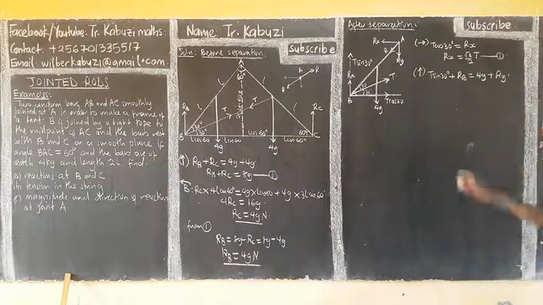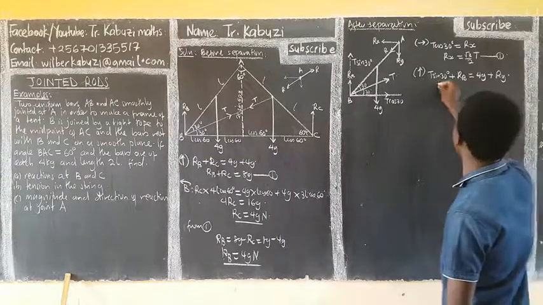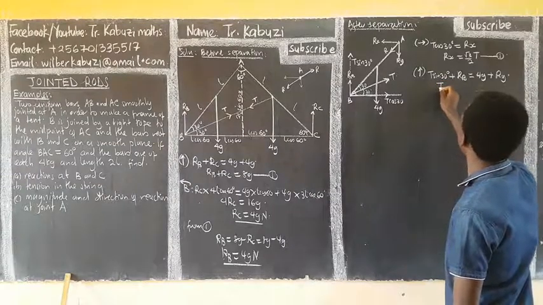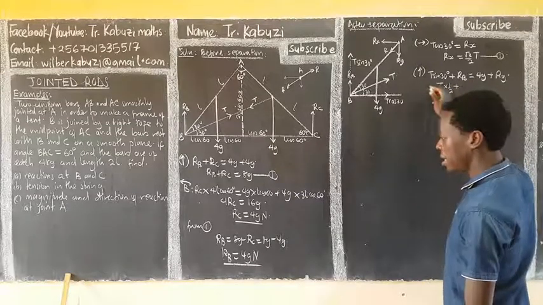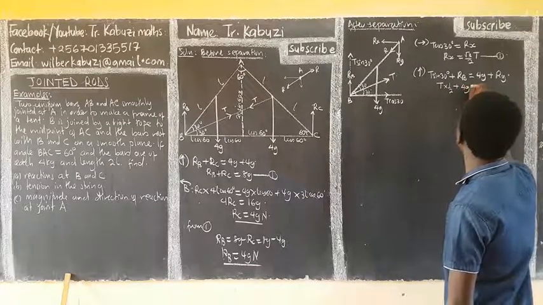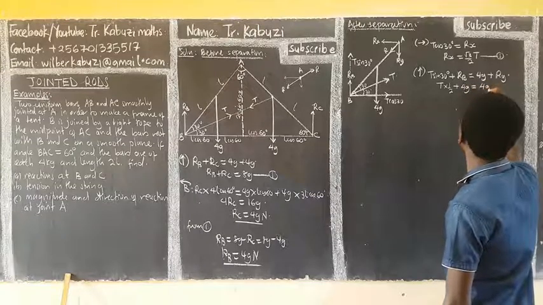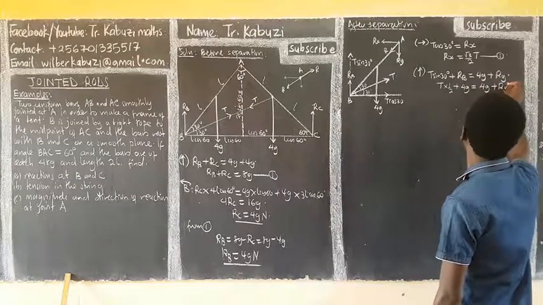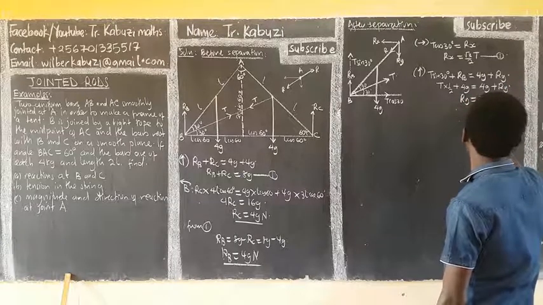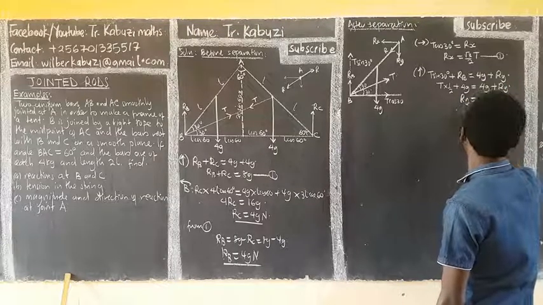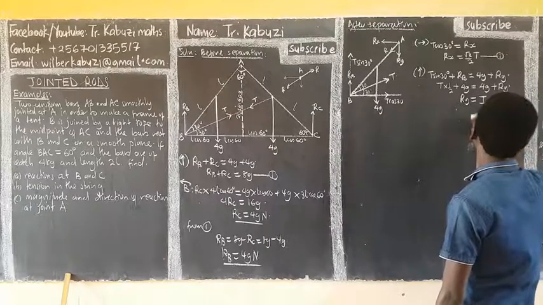Remember we have this RB, so this one is going to be T times half. Then plus RB is 4B equaling 4B plus RY, implying that our RY is going to be T over 2. So I call this equation 2.